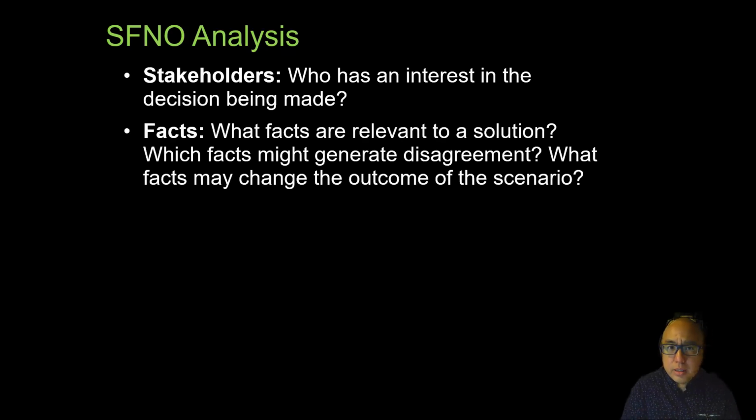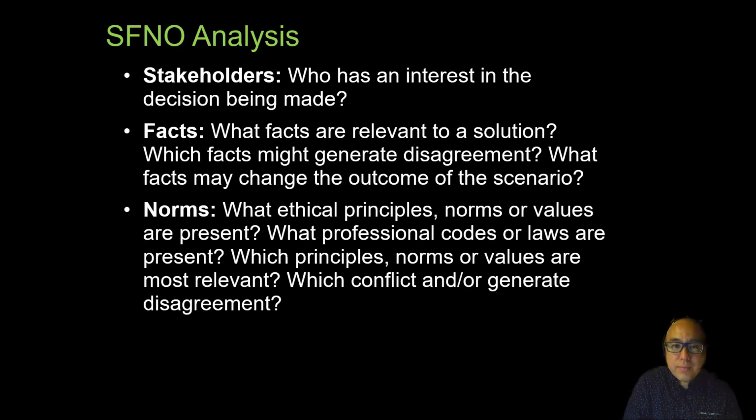F stands for facts. These are the facts that we know regarding a particular case of scientific misconduct. Which facts might generate disagreement, which facts may change the outcome of said scenario, which leads to the norms. How can these facts be evaluated? We have to have ethical principles. We have to have ethical norms.